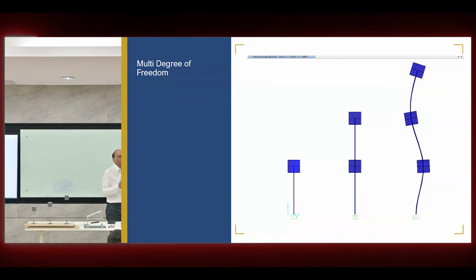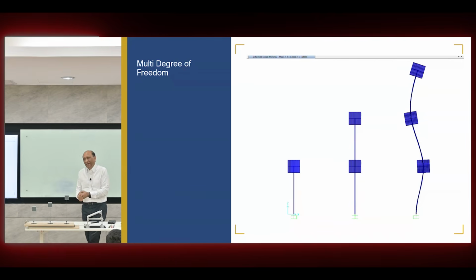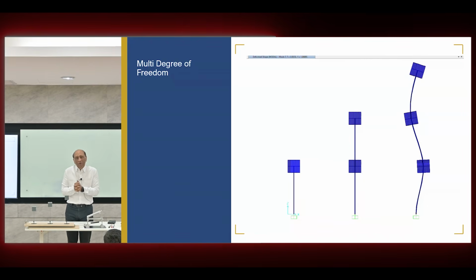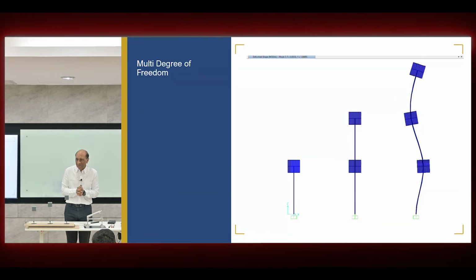First of all, you have to be able to model the structure and determine these mode shapes and frequencies. Second, you have to know what it is that you want the structure to be, what is good, what is bad. And number three, you have to know how to fix it. And that's your project.